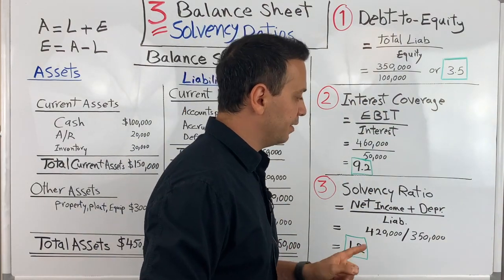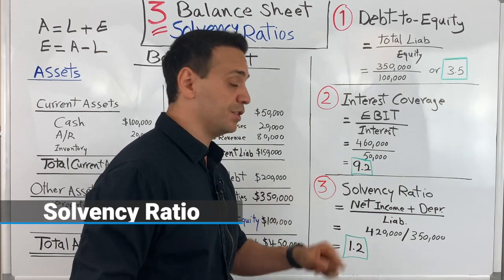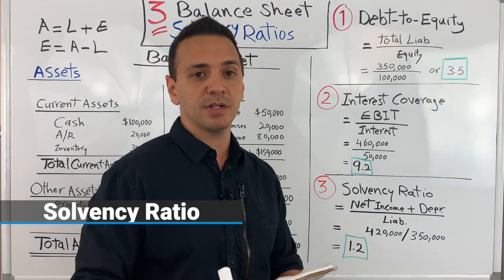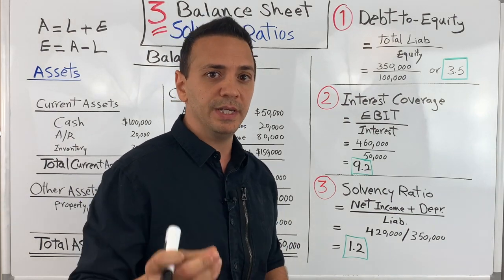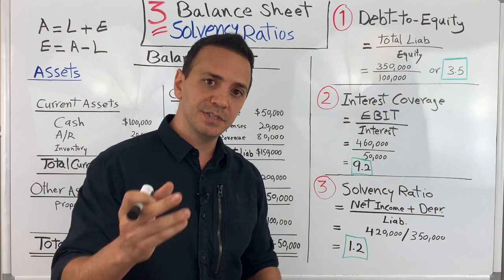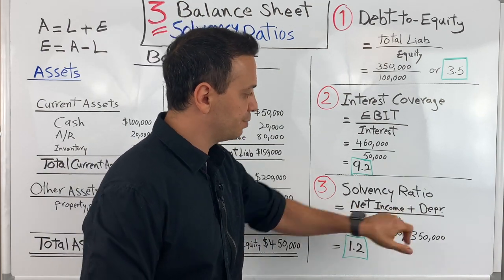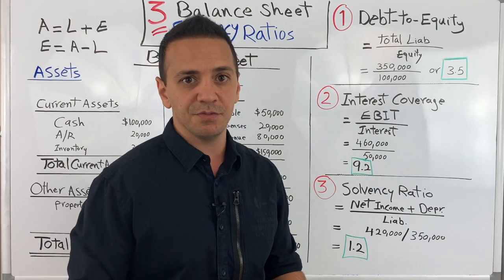The third and final ratio that we're covering today for solvency is referred to as the solvency ratio, and that basically measures the company's ability to meet its long-term obligations using its free cash flow. You'll see that in the formula, which goes net income plus depreciation, which basically refers to cash flow.